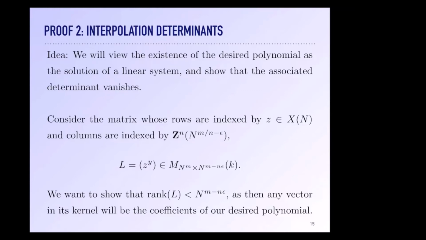So what we want to show is that the rank of this matrix is small. Okay, it's less than its maximum, so that this matrix does not have its maximum possible rank. It has something in its kernel, because that vector in its kernel is going to be the set of coefficients of the polynomial that I want. Okay, so I want to show this.